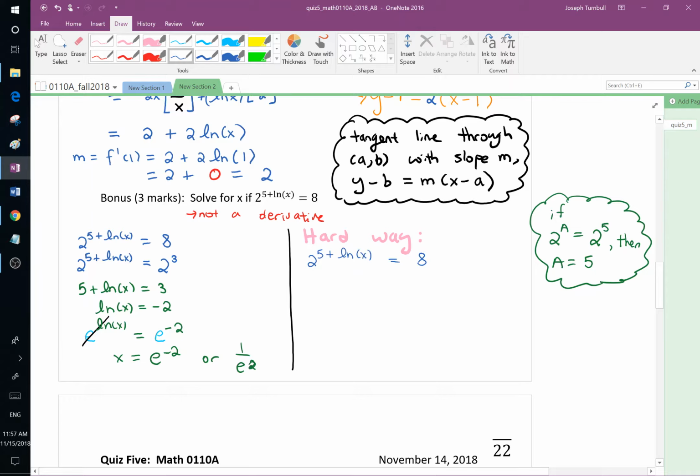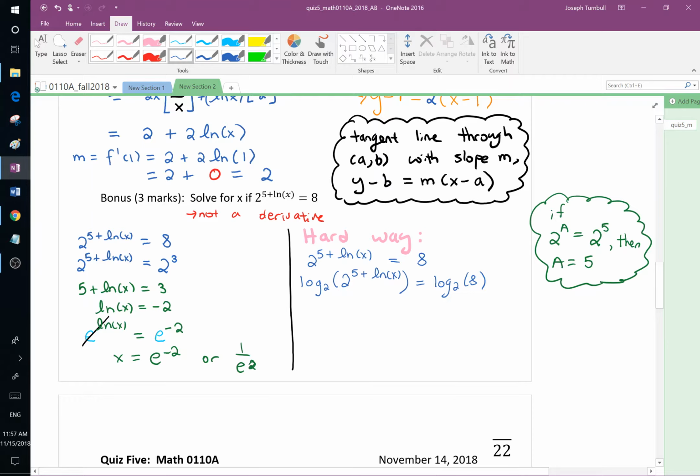And you could just ln both sides. So take the ln of the left side, take the ln of the right side, or log base 2 both sides. Any base that you want, or log base 8 both sides, doesn't really matter. I'll use log base 2. Log base 2 of 2 to the 5 plus ln of x equals log base 2 of 8.